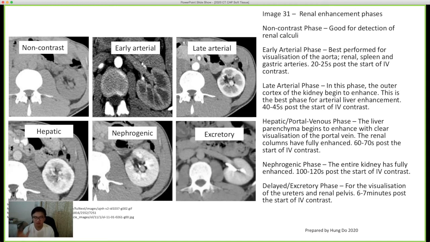That pressure from lying on their tummy prone will push the kidneys and therefore squeeze essentially the contrast through the ureters.